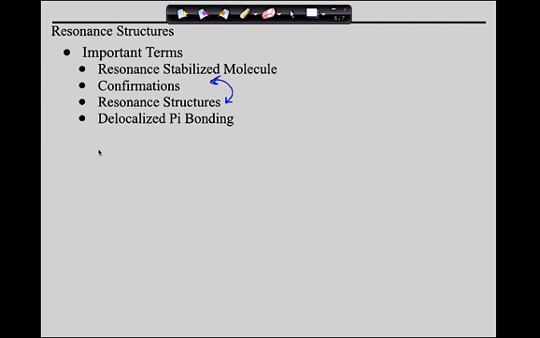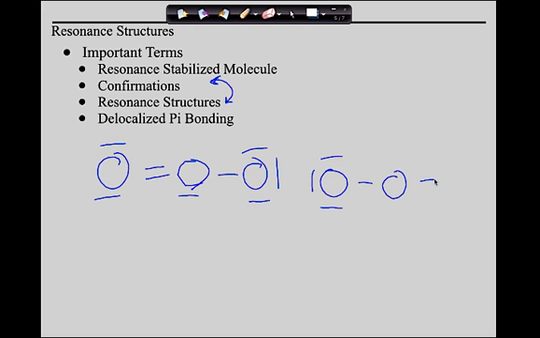So the conformation is the entire molecule. So for ozone, this is one conformation of ozone, and that is the second conformation of ozone.